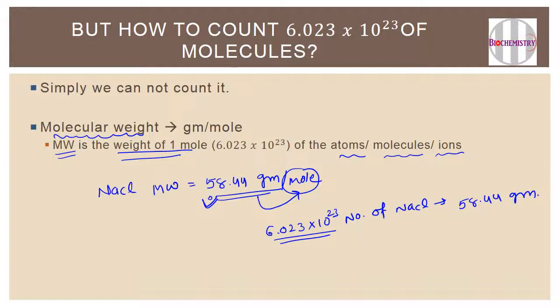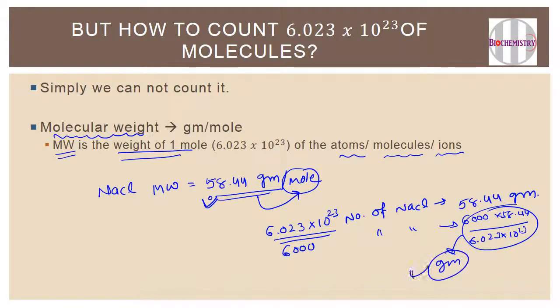So if I want to take, say, 6,000 atoms, I can simply cross multiply: 6,000 × 58.44 divided by 6.023 × 10^23. This answer will be in grams, and if you weigh out that quantity of sodium chloride, you will get this number of sodium chloride units.